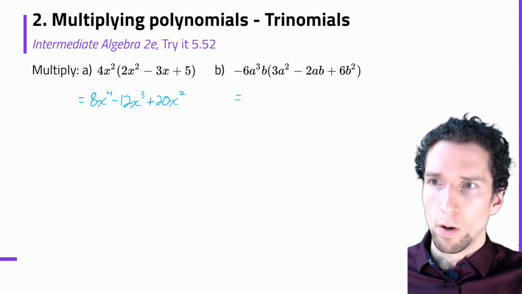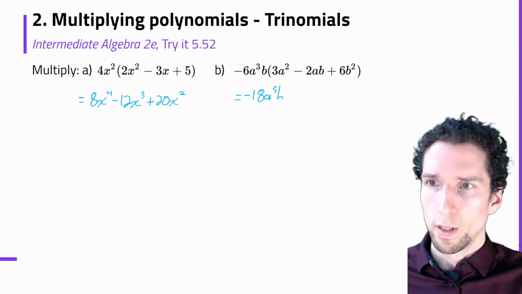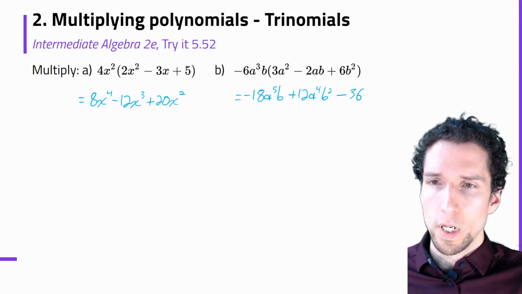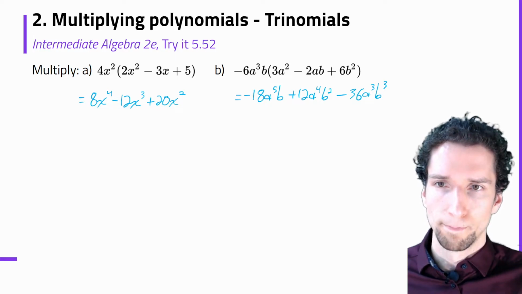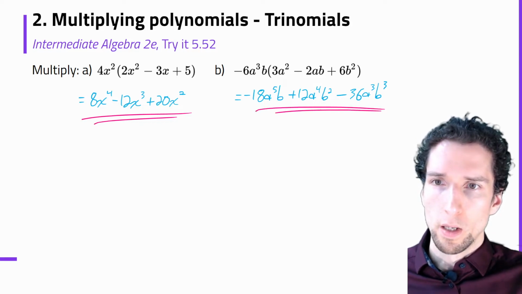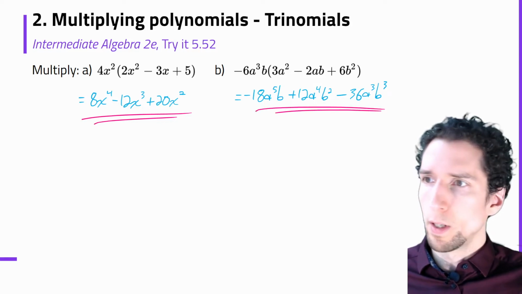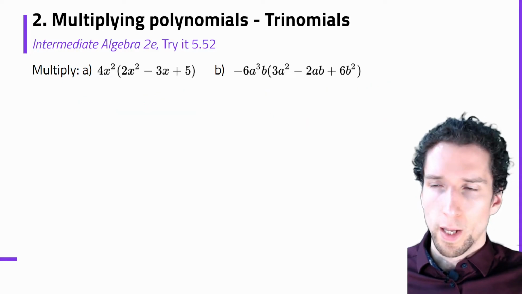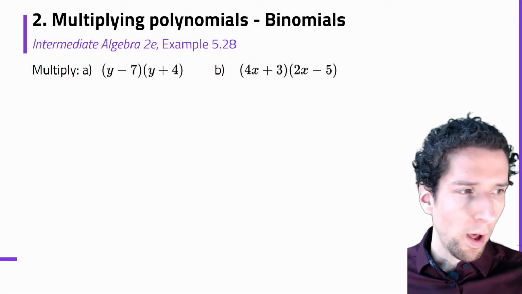And on the other one here, we will have negative 18a to the exponent 5 b plus 12a to the exponent 4b squared and minus 36a cubed b cubed. Okay, hopefully you got the same answers when you did these. So still not that tricky, really.